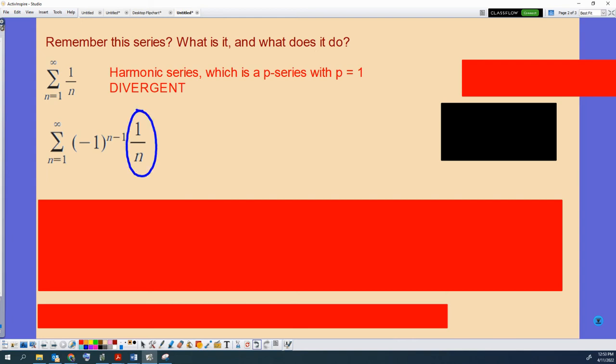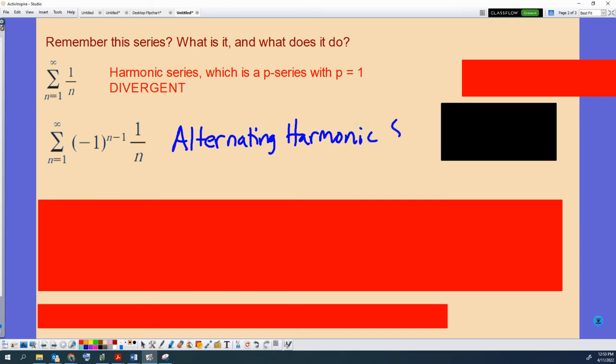That's where we want to start. So in this case, this is called the alternating harmonic series. In fact, let me write that down. Alternating harmonic series.